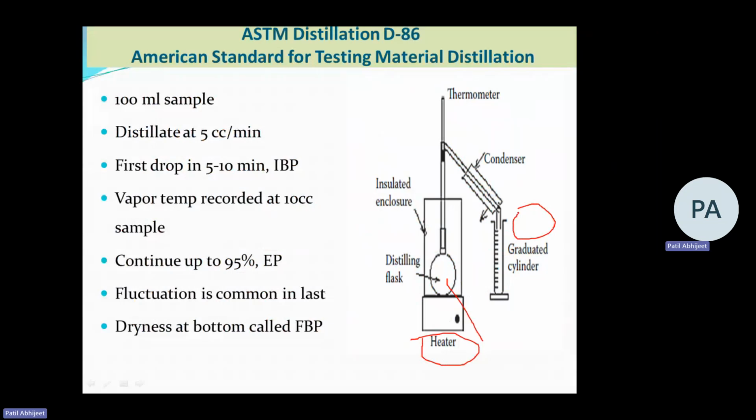So this is one drawback of ASTM distillation, which is not the case in the true boiling point apparatus, that is the batch distillation. Dryness occurs at the bottom in the true boiling point apparatus.